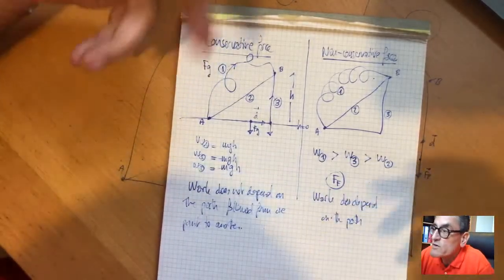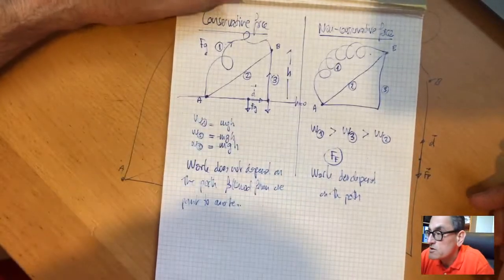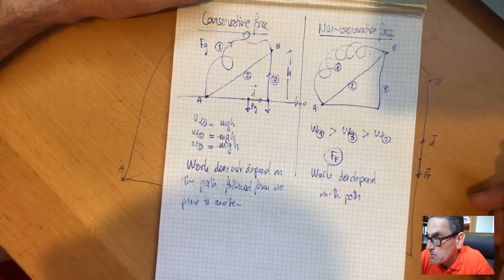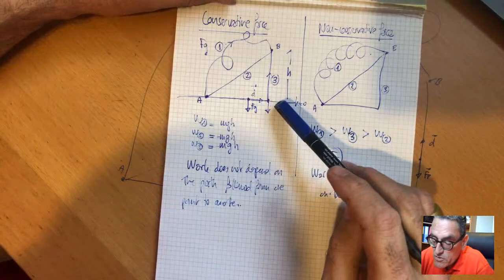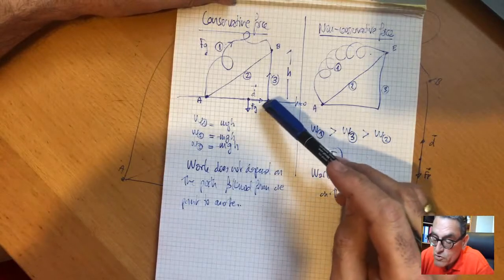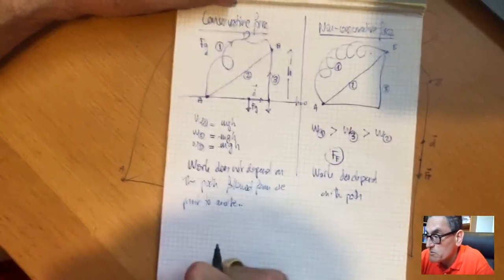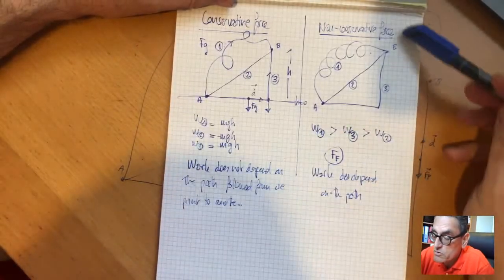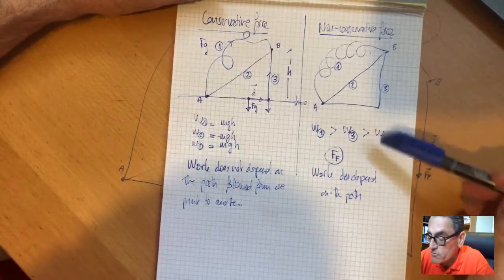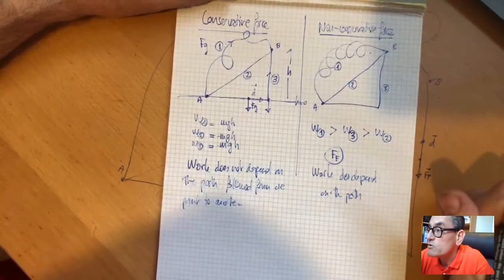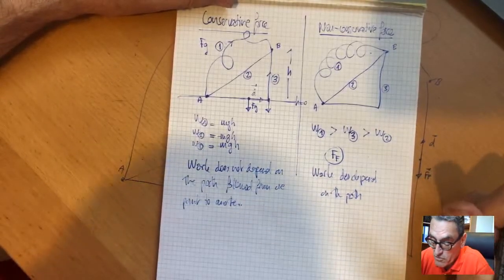It always transforms your kinetic energy into heat. A conservative force field is a field in which the work from going from a point A to a point B does not depend on the path chosen. A non-conservative force field is a force field in which work does depend on the path followed.